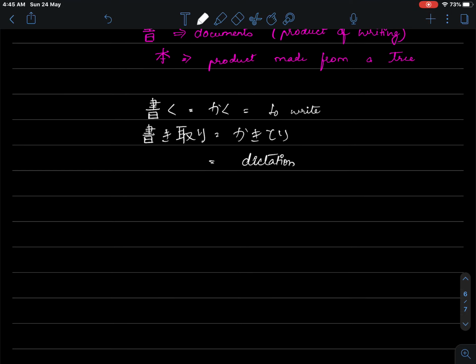Okay, next one. Okay, a signal in writing is one way of looking at it, or a message in writing, yeah, you can think of it as that, a message in writing, correspondence or a letter.